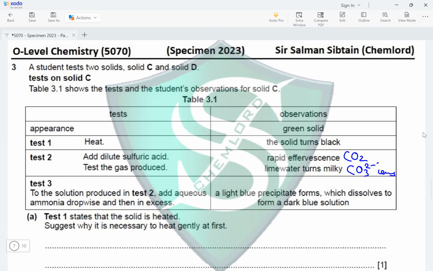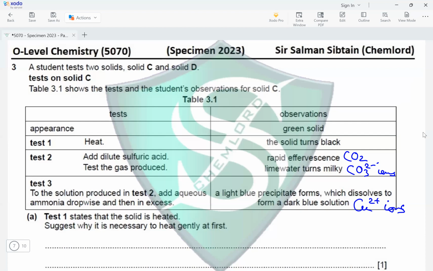So test 2 has shown us that carbonate ions are present in our solid C. Test 3. To the solution produced in test 2, add aqueous ammonia dropwise and then in excess. The result, a light blue precipitate forms, which dissolves to form a dark blue solution. This is the test for the presence of copper ions. So, test 3 tells us that copper ions are present in our solid C.